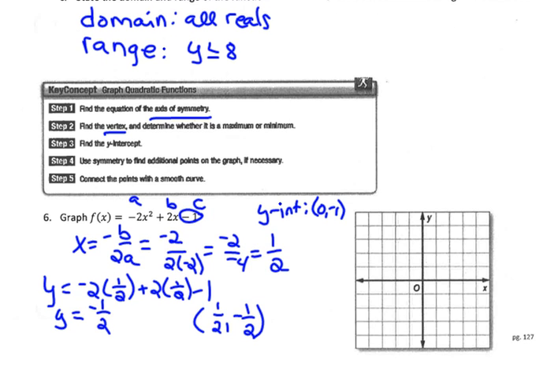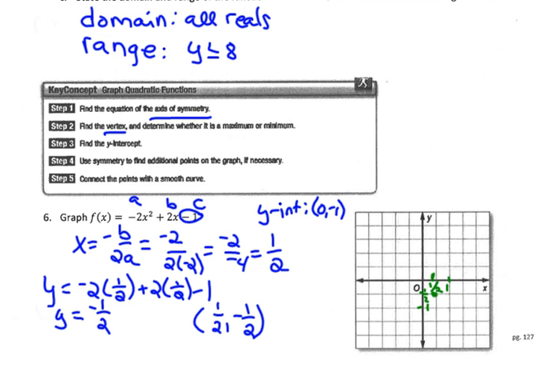So now we're going to put that information on our graph. I'm going to label this and make it a little bit bigger so it's easier. So I'm going to go up by halves. And this would be negative 1/2. I know it's very messy. I apologize for that. So I know that my turning point is at 1/2, negative 1/2, which is right here. That's going to be the axis of symmetry.